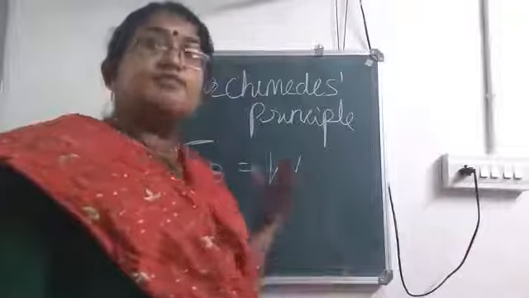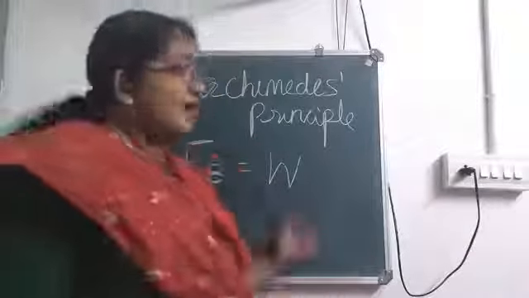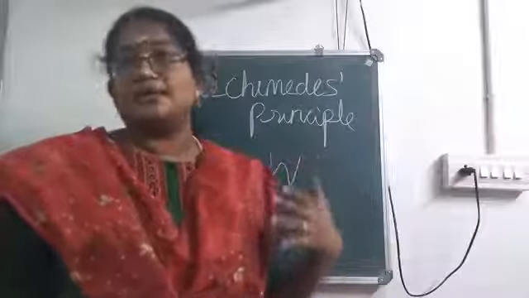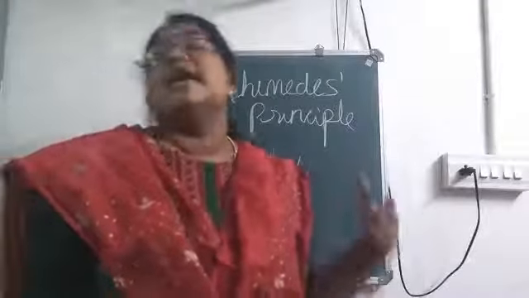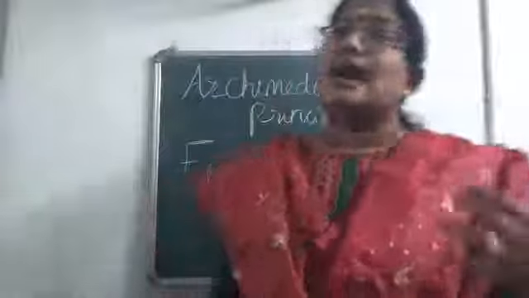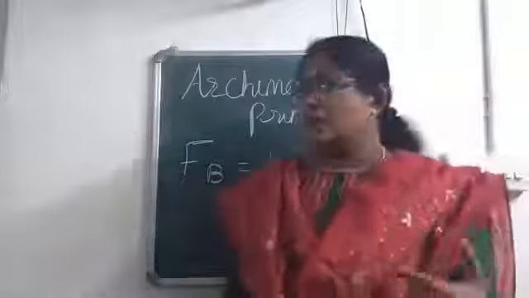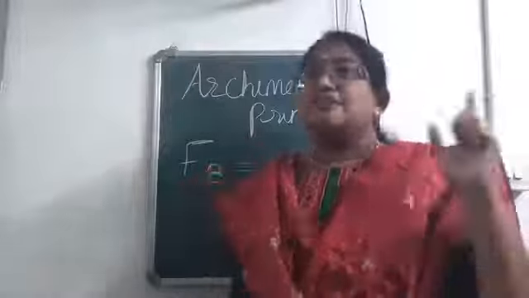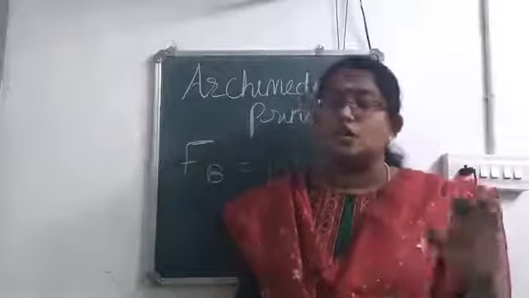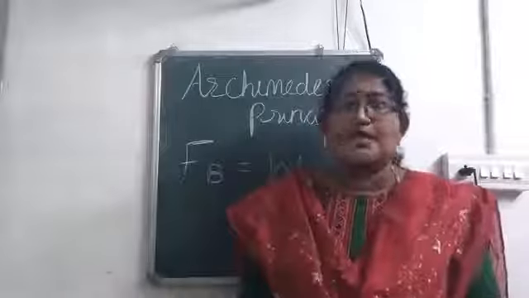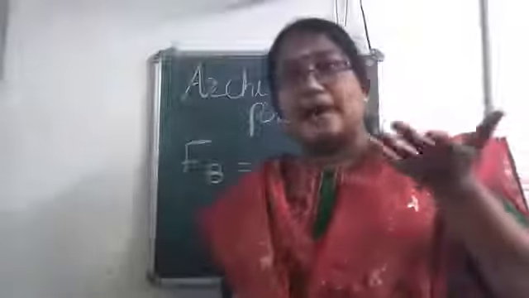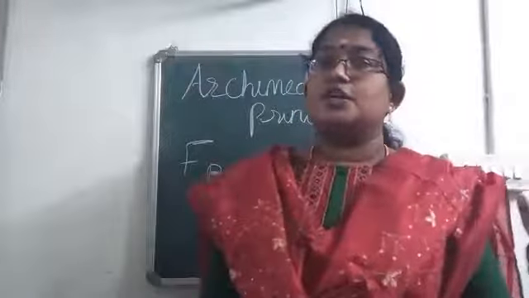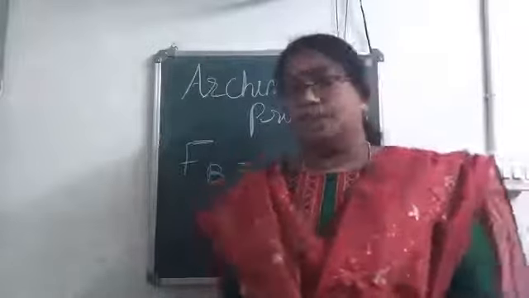So upthrust will be equal to the weight of the liquid displaced by the immersed part of the body, and this is known as Archimedes principle. Once again, according to Archimedes principle, when a body is partially or wholly immersed in a liquid, it experiences an upward force equal to the weight of the liquid displaced by the body.